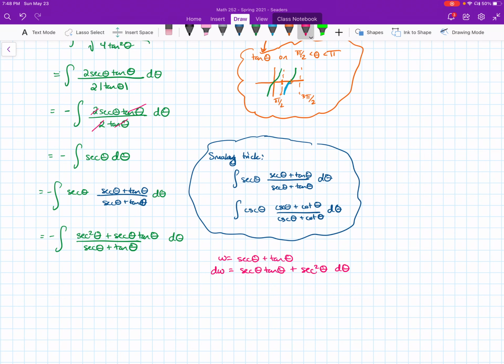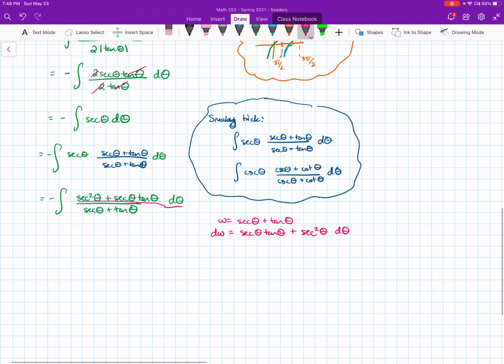And that is exactly what I have in my numerator right here. So I can sub in and get negative the integral of dW divided by W, or 1 over W dW.